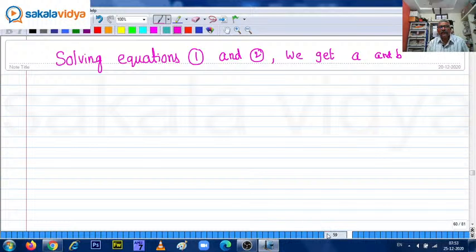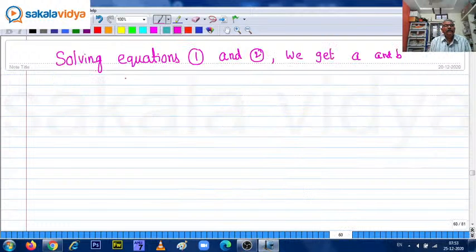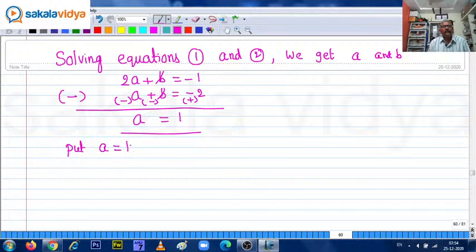So what are the equations we have? 2a plus b equals to minus 1 and a plus b equals to minus 2. First subtract. So b gets cancelled. 2a minus a, and minus 1 minus minus 2 is 1. So a equals to 1. Now put a is equal to 1 in equation 1.